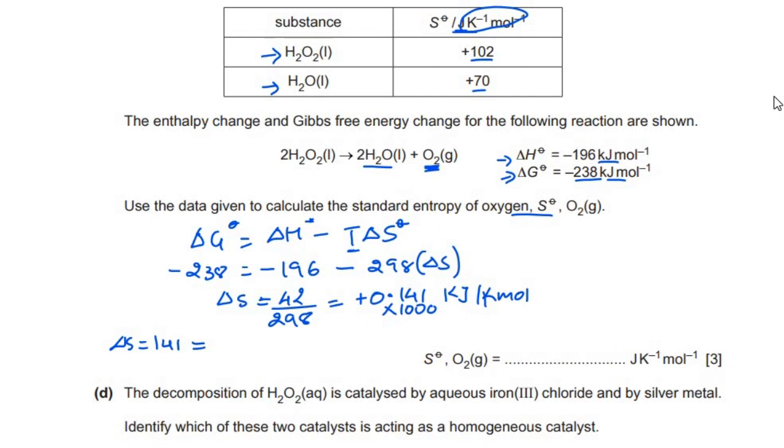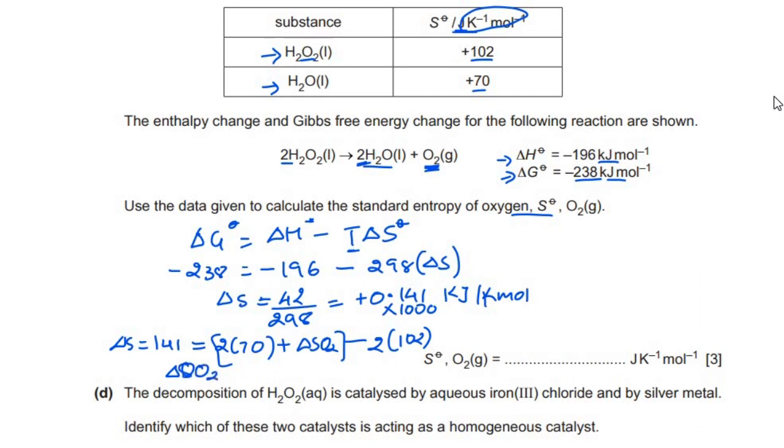Water is plus 70, so we multiply by 2 because there are 2 molecules. So 2 into 70 plus the entropy of oxygen, minus the reactant side. For reactants we have 102 for hydrogen peroxide, multiplied by 2. So 2 into 102, and then after substituting and rearranging the equation, we get delta S oxygen.